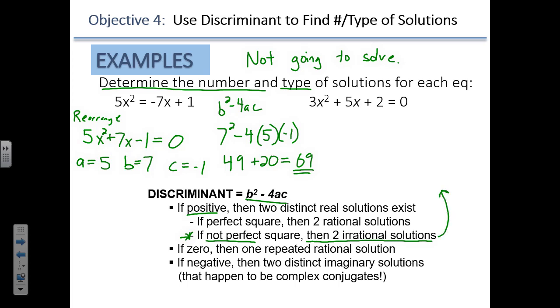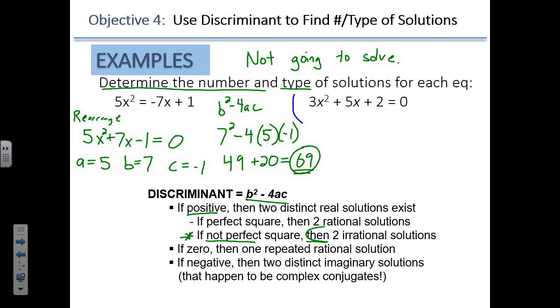If we continued with the quadratic formula, x is equal to -b, which is -7, plus or minus the square root of b squared minus 4ac, that's 69, over 2 times our a value, which would be 10. Sure enough, those are two irrational solutions. We have plus or minus root 69, that is irrational.